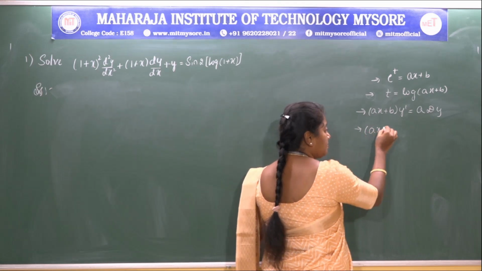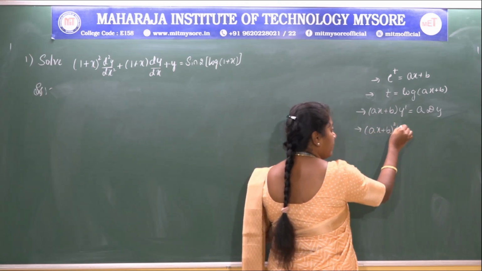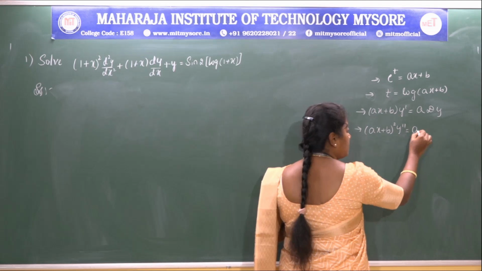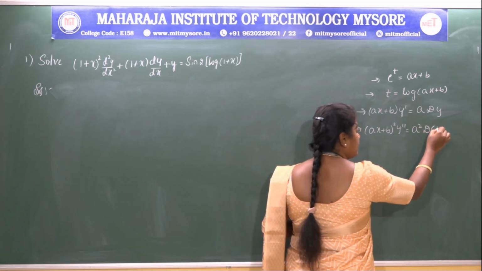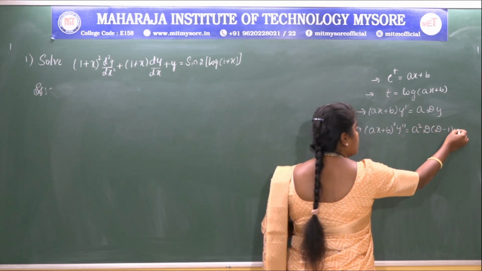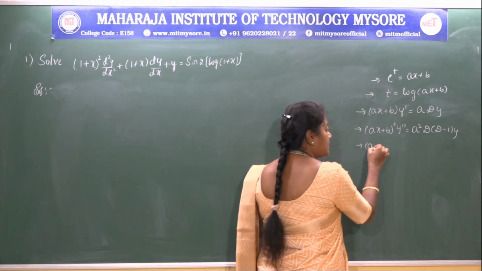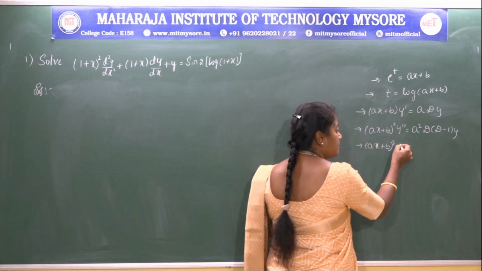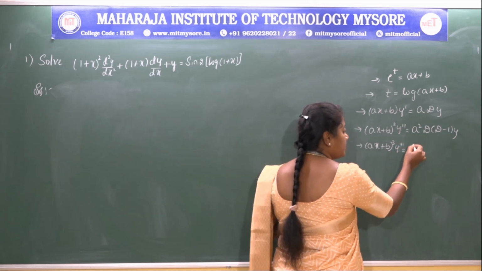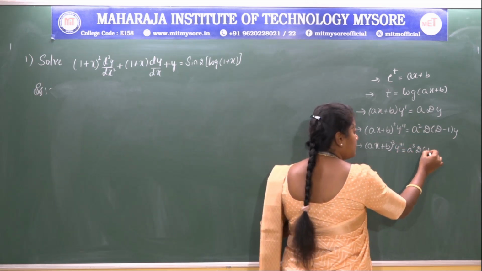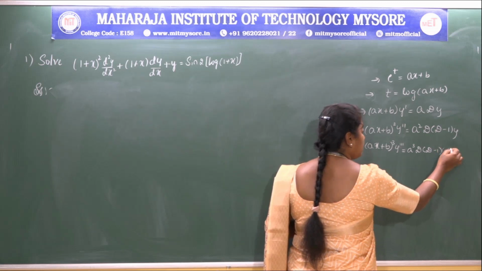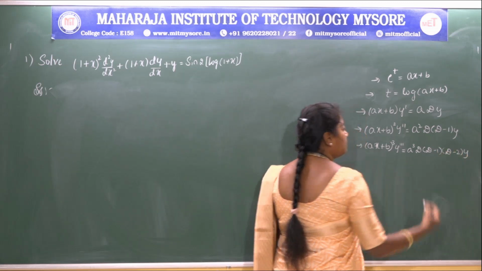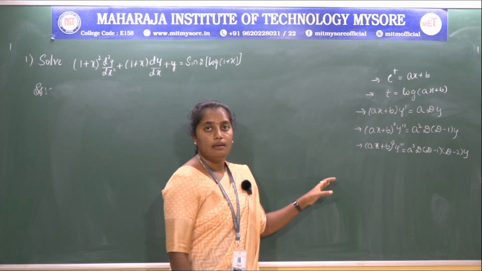Similarly, (ax plus b) whole square y double dash is equal to a square into D(D minus 1) y, and (ax plus b) whole cube y triple dash is equal to a cube into D(D minus 1)(D minus 2) y. So these are the procedures.